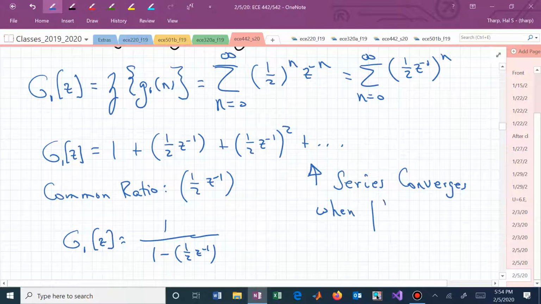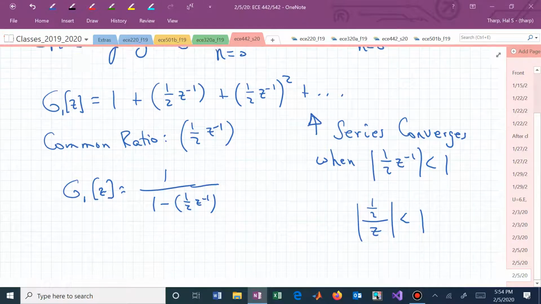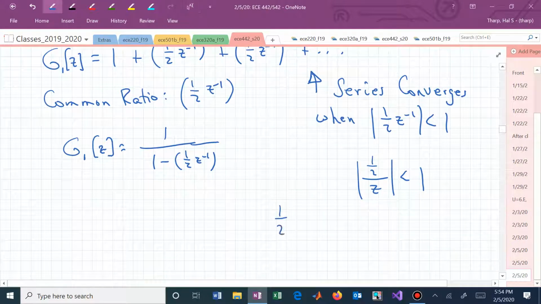Now we want our common ratio to be less than 1. We now have the magnitude of 1/2 over z less than 1, or z is now outside this disk of radius 1/2.